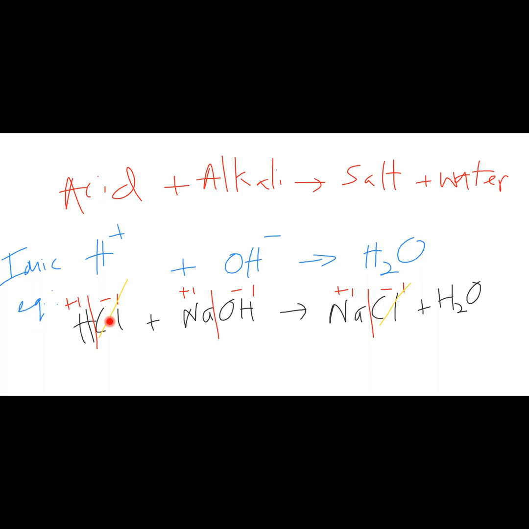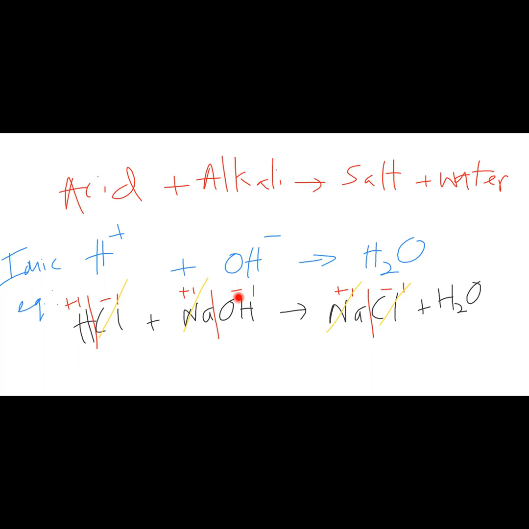And here you can see the base's metal ion, the alkali's metal ion, is present in the salt as well. Sodium plus, sodium plus. Can you see that? This sodium plus is as it is here. So we can cancel them, they are spectators, right? Spectator ions are getting cancelled. So finally you are left with the ions that we are talking about here. See, this is the hydrogen ion, right?